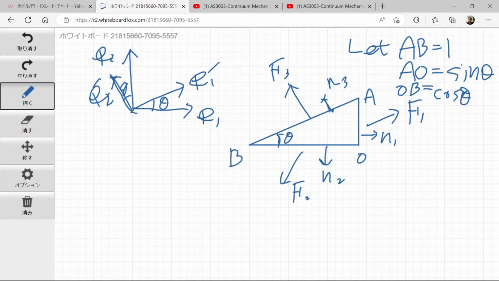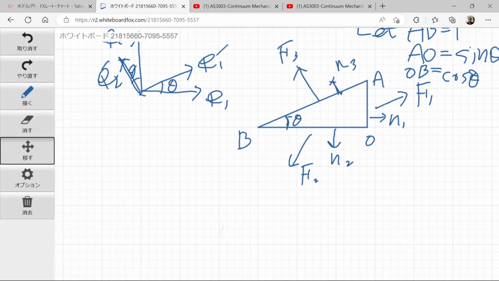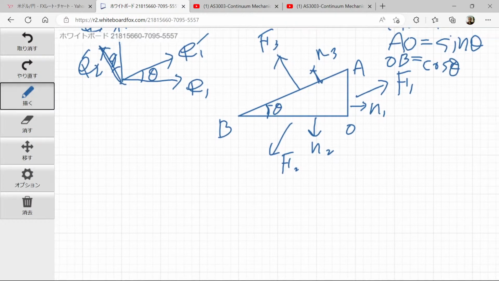Then T. Remember T was the force density. So we want to calculate F1. F1 is actually a vector. Then there is a length, sine theta. Then there is a stress tensor.